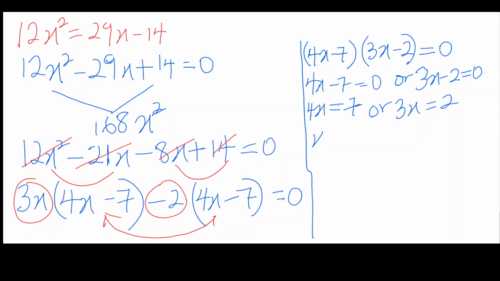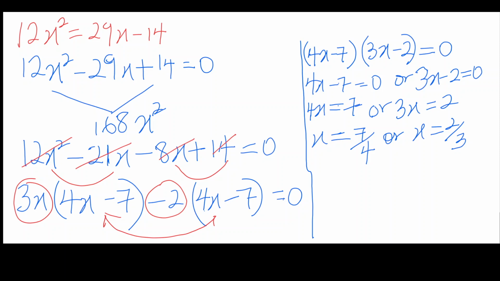Then it's either x equals 7 divided by 4, or x equals 2 divided by 3. So these are the final answers to x: x is either 7 over 4 or x equals 2 over 3. And that's how we go about this.